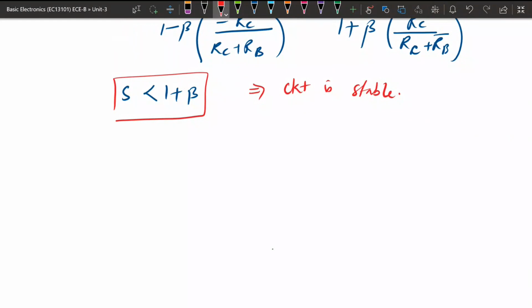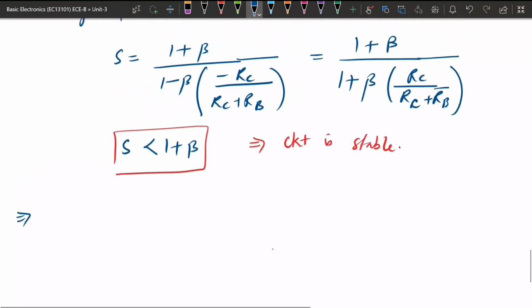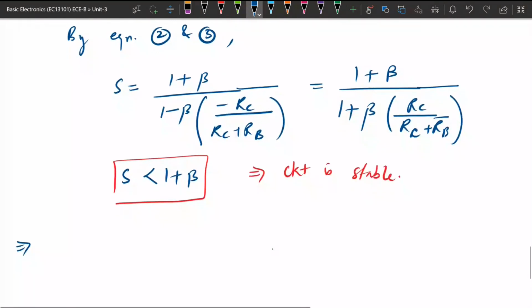So here, some points we can adjust, right? Here we can see how the stability can be increased or decreased. Here this is RC. If we separate it out, we make S equal to 1 plus beta.